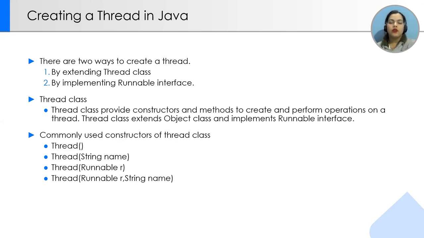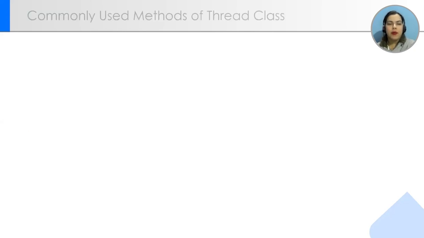What I wanted to convey is that the constructor of the Thread class should have the same name, because the property of a constructor says that the name of the constructor should be the same as the class name. So the class is the Thread class. But it can be a no-argument constructor, that is without any parameter, it can have a single parameter, or it can have multiple parameters.